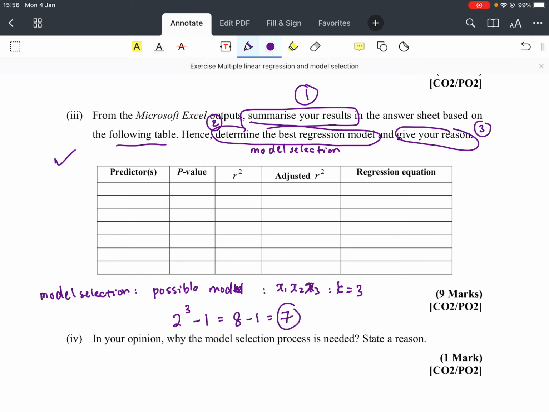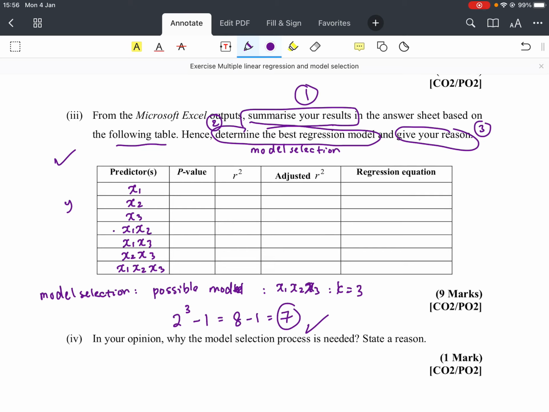So what are the possible 7? Y with x1, y with x2, y with x3, y with x1, x2, y with x1, x3, y with x2, x3, and y with x1, x2, x3. So these are your possible models. How many possible models do you have? 7.